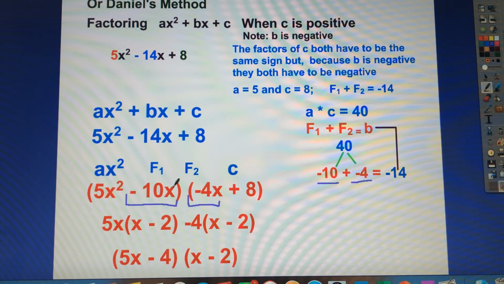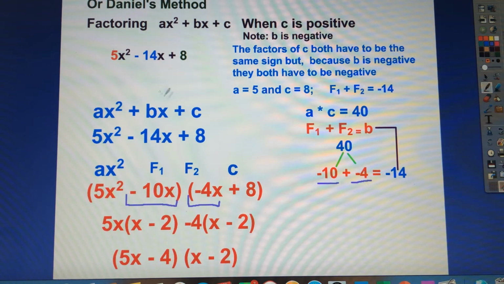Yes, they have an x, because when added together, you have a coefficient. You have x as your variable. So these are your coefficients. -10 plus -4 is -14, variable x. Here's my problem. These have a common factor. 5x squared and -10x have 5x in common.